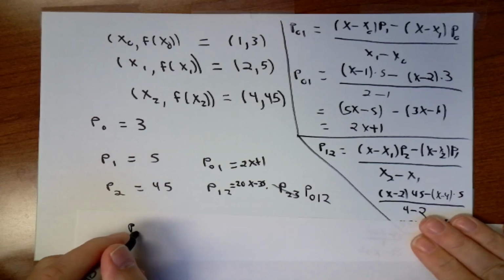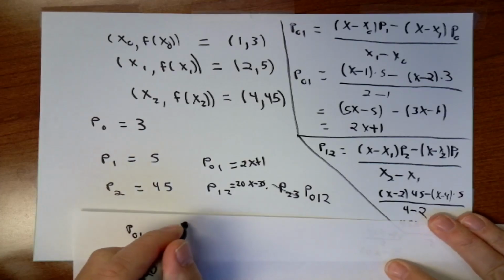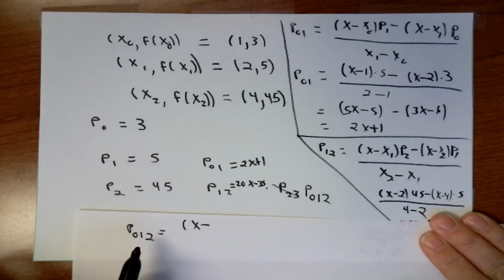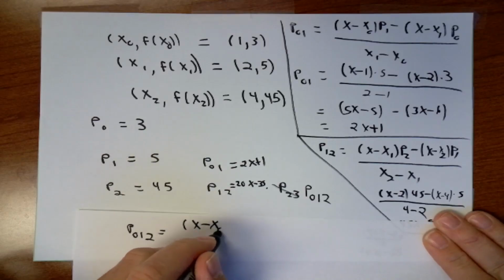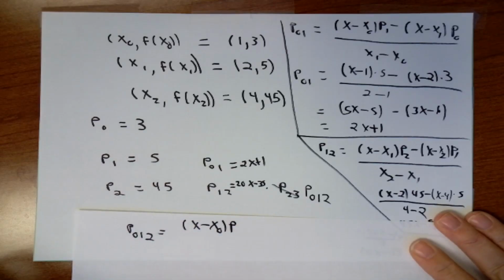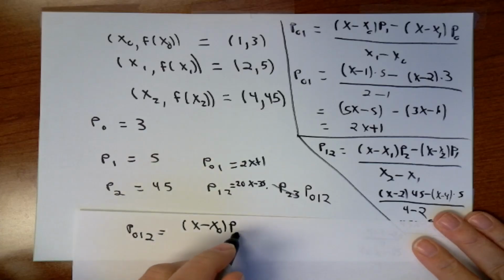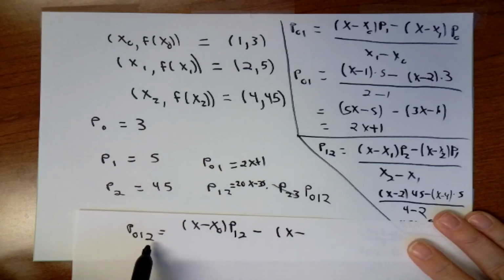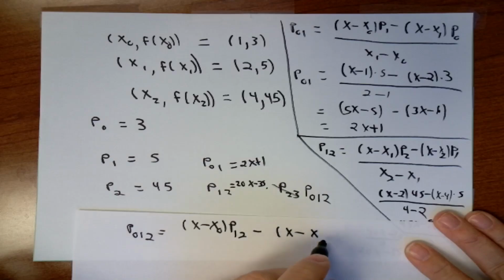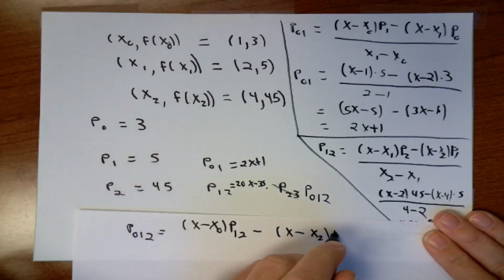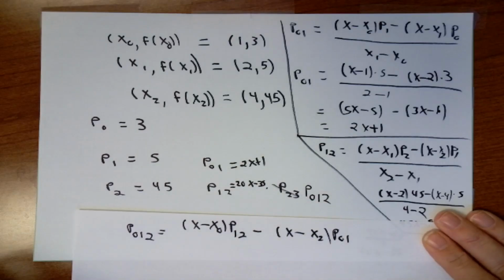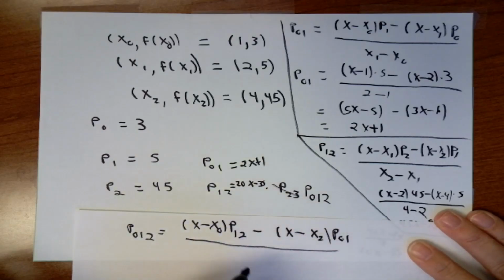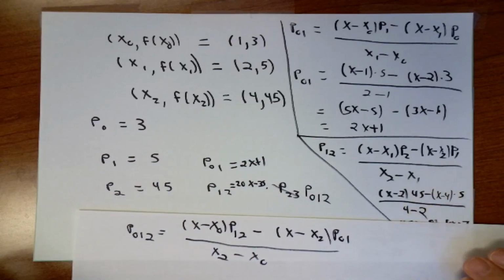So P012 is x minus the smallest index in the mix right now, which is 0, times the p polynomial that goes with the bigger indexes, minus x minus the biggest indexed x times the p polynomial that goes with the smaller indexes, divided by biggest indexed x minus smallest indexed x.